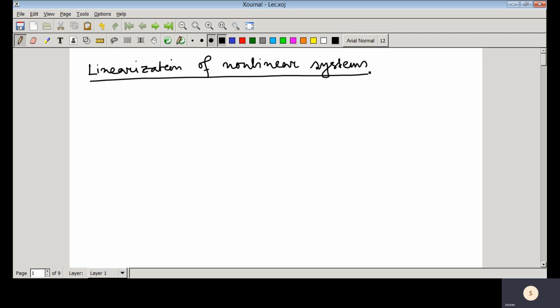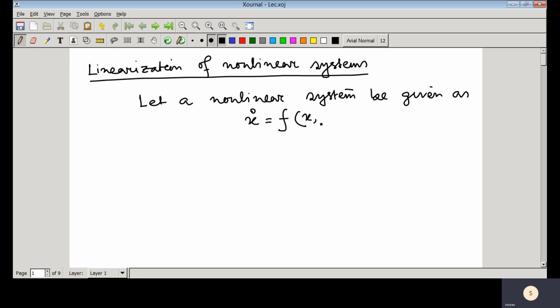So let a nonlinear system be given. Suppose a nonlinear system is described by its state space equation, that is x dot equal to f(x,u). x is the state vector and u is the input, and the output equation is y equal to h(x).